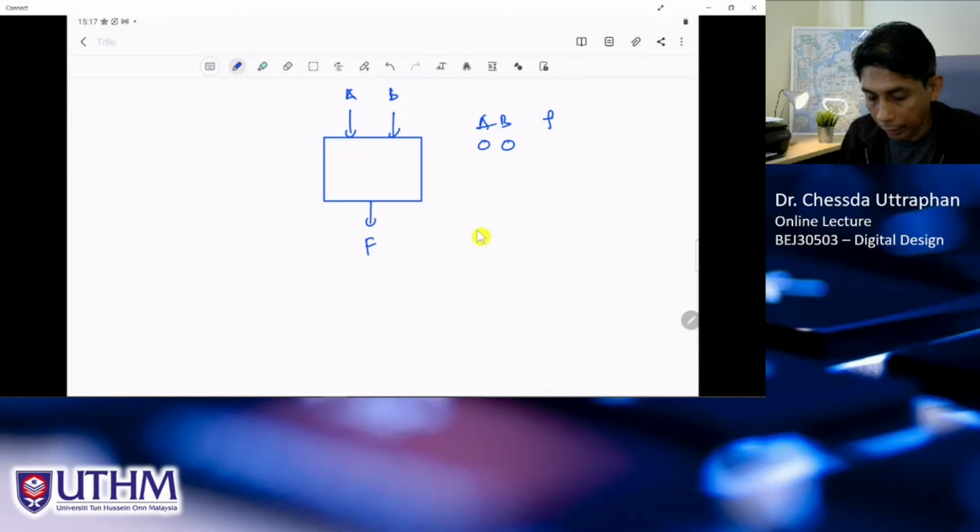Here we have F, for example, equal to 0. And when we change to 0, 1, B changes to 1. So F depends not only on AB, but also depends on the previous F. So if the previous F is 0, the output may be 1. But if the previous output F is 1, the output may be different, right? So that is the behavior of sequential circuit.